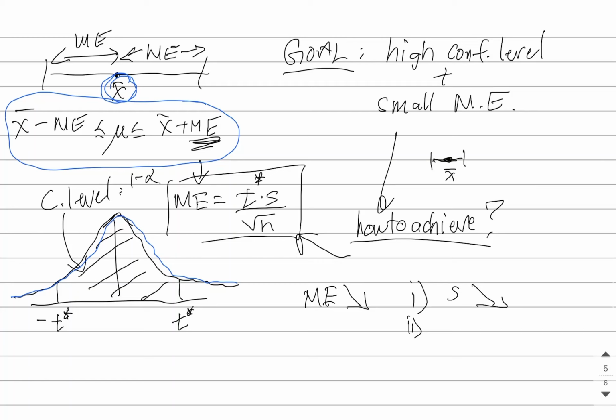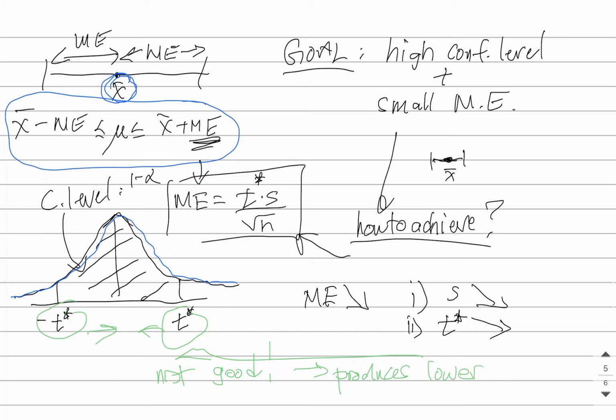Your other options are for this critical T star to decrease. And that means you would like to push these values smaller. But unfortunately, this is not so good. What I mean by that is this produces a lower confidence level.